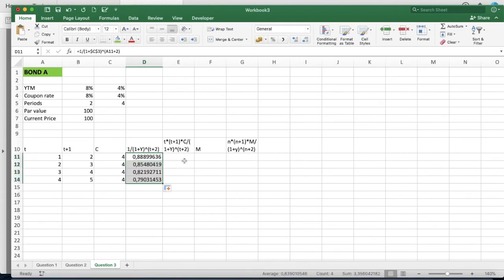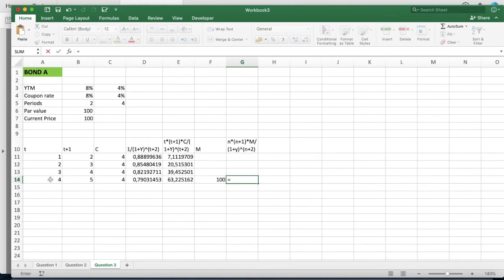Okay, now it is equal to t times t plus 1 times c times the new present value factor. And we scroll down. The par value is 100 received at the final period, equal to n times n plus 1 times the final payment of the par value times the present value factor for the final period.